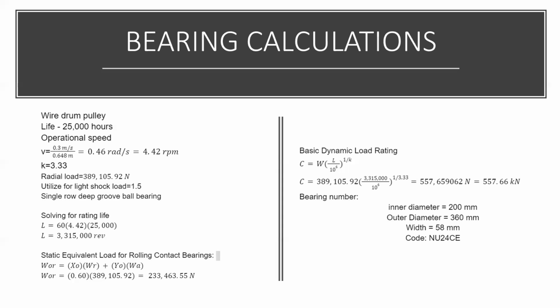Computing for the basic dynamic load rating, we have 557.66 kilonewtons. Based on this number, we got a bearing that has a code of NU24CE that has an inner diameter of 200 millimeters and outer diameter of 360 millimeters, which is 58 millimeters wide. Next.